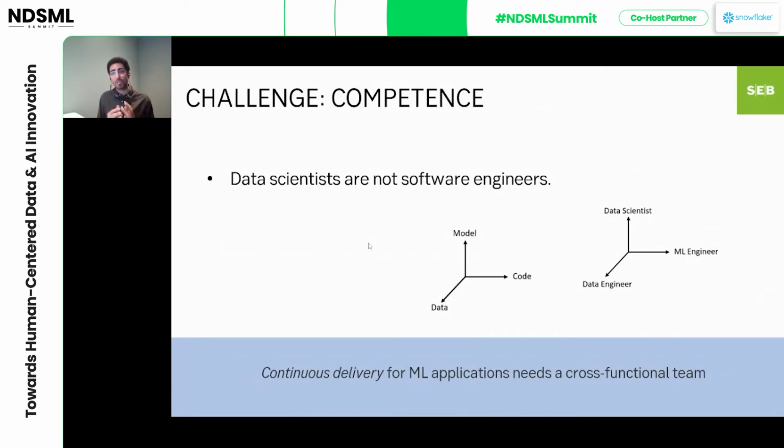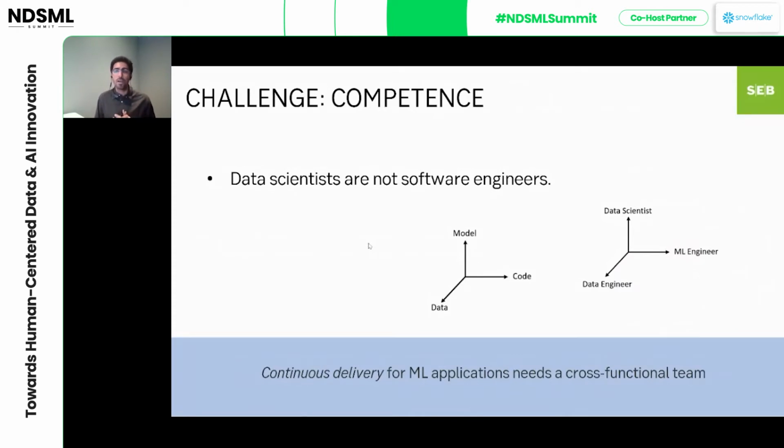And since these dimensions are essential, you also need different competences. You need data engineers to create the pipelines for you to move data around. You need machine learning engineers to implement your model efficiently.